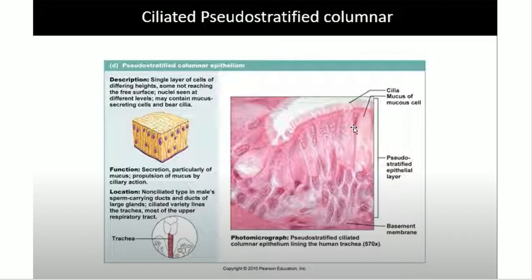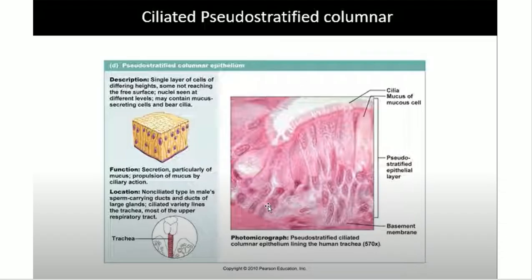Notice how long and skinny and oddly shaped it is. It's like columnar, but the nuclei are not lined up, so they're kind of weeble-wobbly all over the place. Some look squished. Some cells look like they're not touching the basement membrane down here, but they are. They're just oddly shaped, so they're wide up here, and then they get really skinny until they touch the basement membrane.